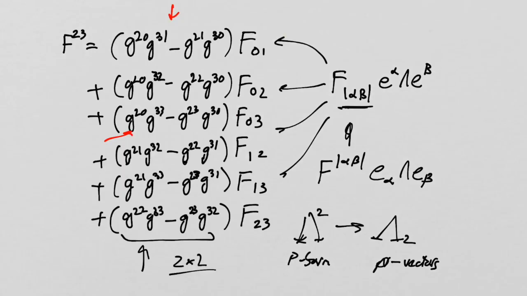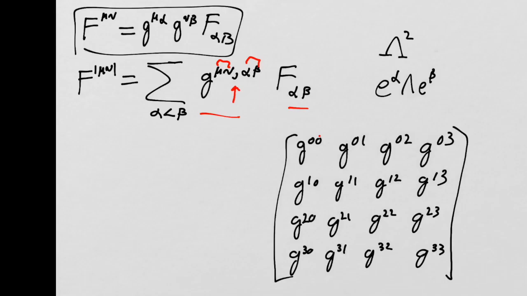So, for example, here, 2031 minus 2130, this product minus 2130. So this is the submatrix whose determinant is the relevant minor that is the factor of the 0-1 term.